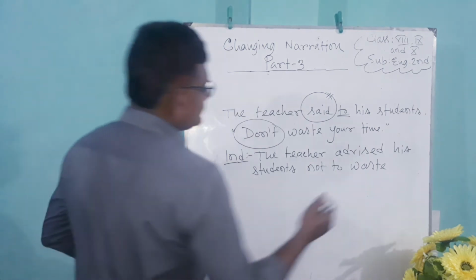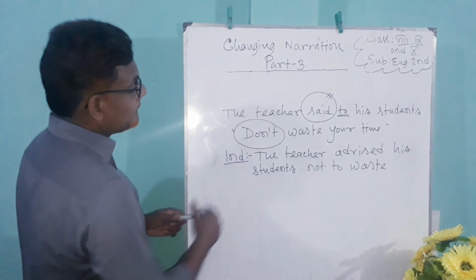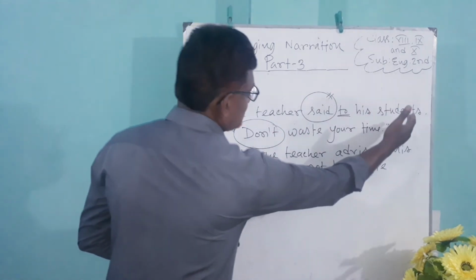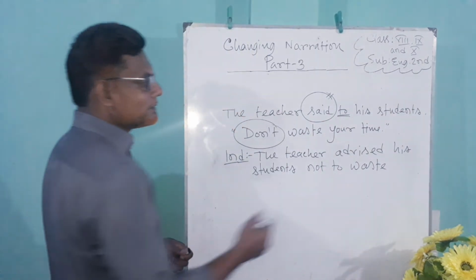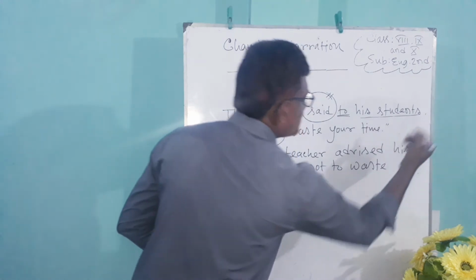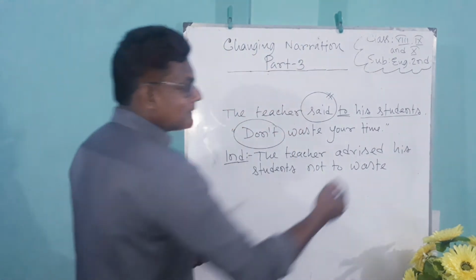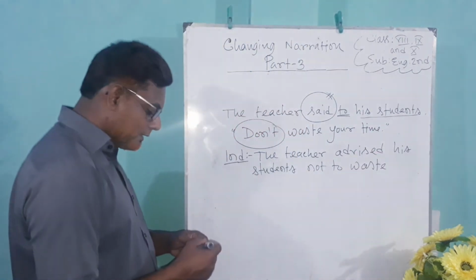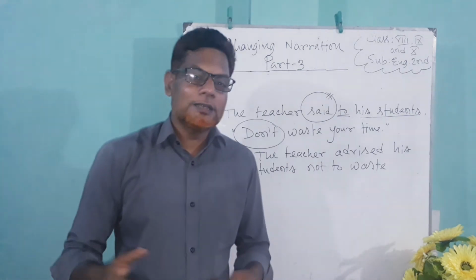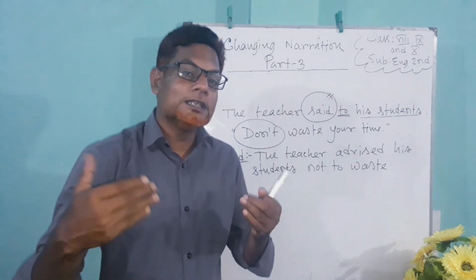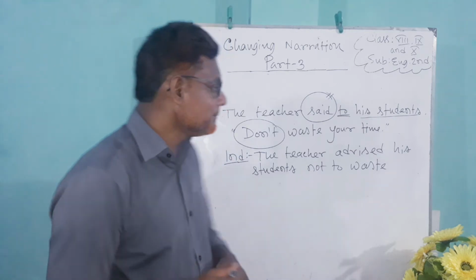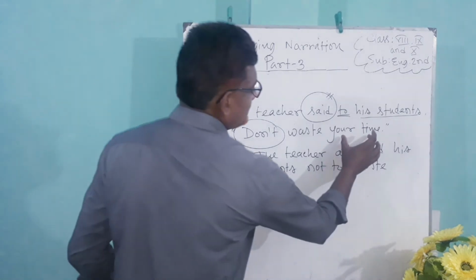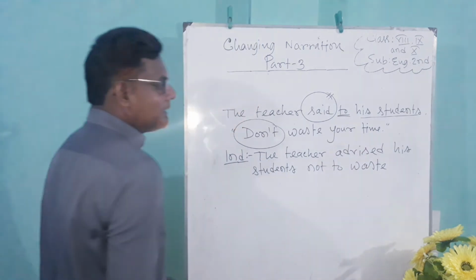Then "your time." In "The teacher said to his students, don't waste your time," your time means his students' time. We know very well the subject, object and the possessive form may be changed according to the speaker and the listener. So we have to change this part according to the listener.